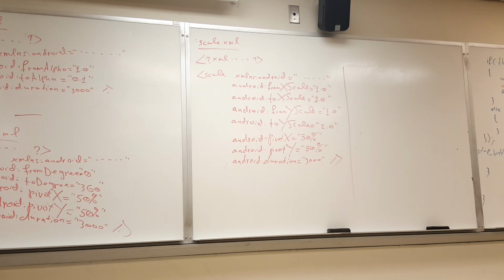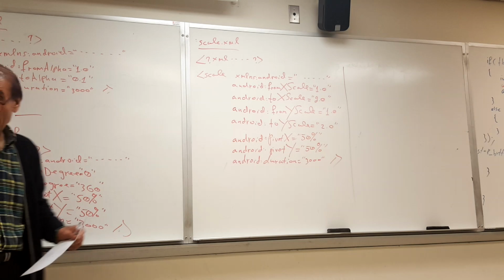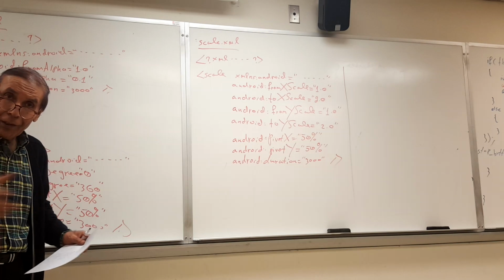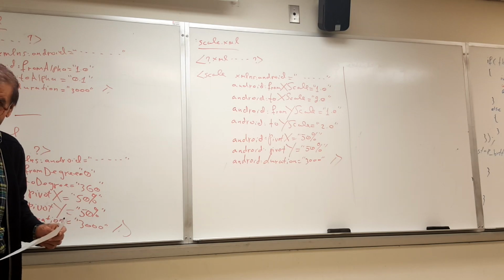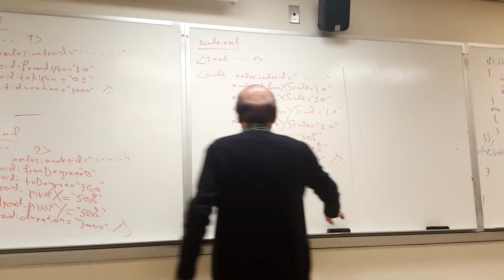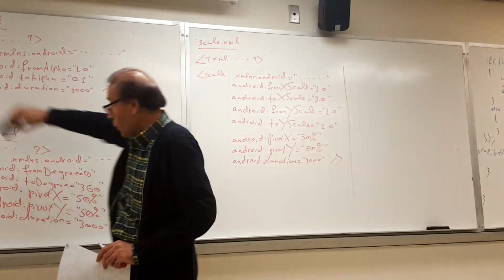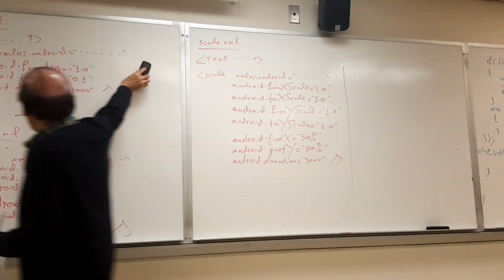Everything is done in XML. Later on, I'll talk about Java. I think this is going to be the last XML file I write for you tonight because we are running out of time. Next week, I'm going to continue with the dynamic version of this and write a lot of Java code for you. So next week will be more fun.